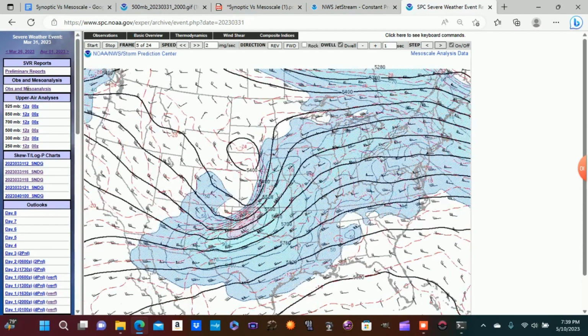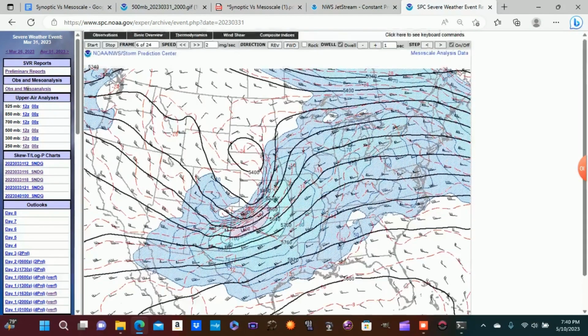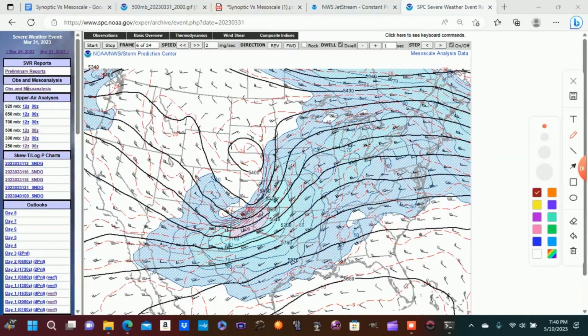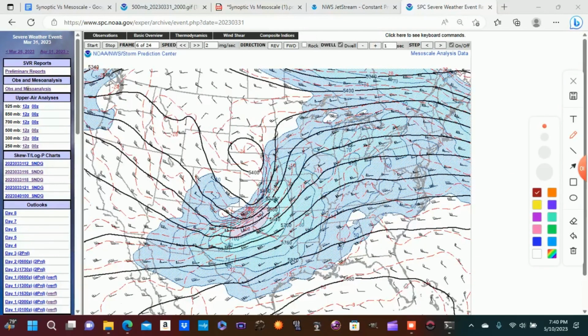And we have a very potent trough here at around noon that extends from the Central Plains down into the Southern Plains. Well, let me redraw that. That extends from western Nebraska down into Texas and the Southern Plains.